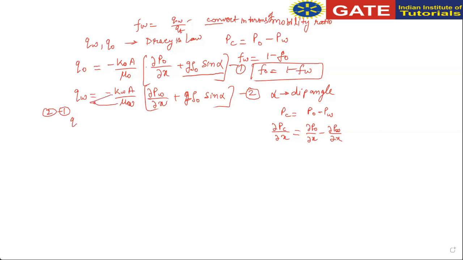And the equation will convert into, taking these values here: QW mu W upon KW A, minus QO mu O upon KO A, equal to del PO by del X minus del PW by del X, minus G rho W minus rho of oil sin alpha. Okay.